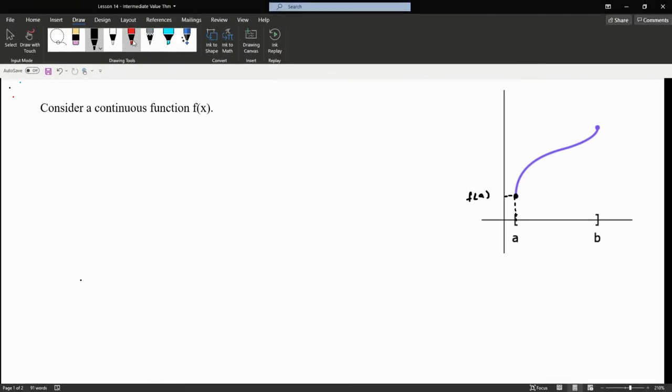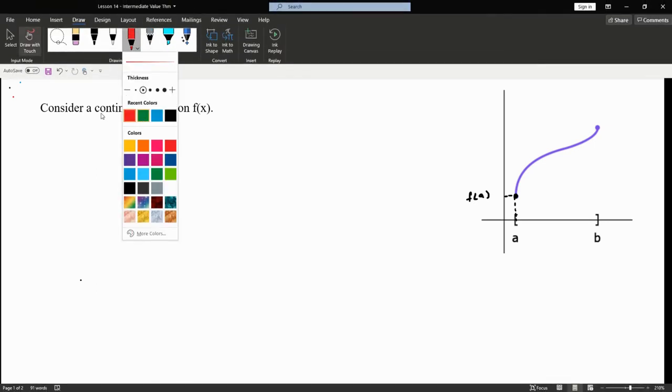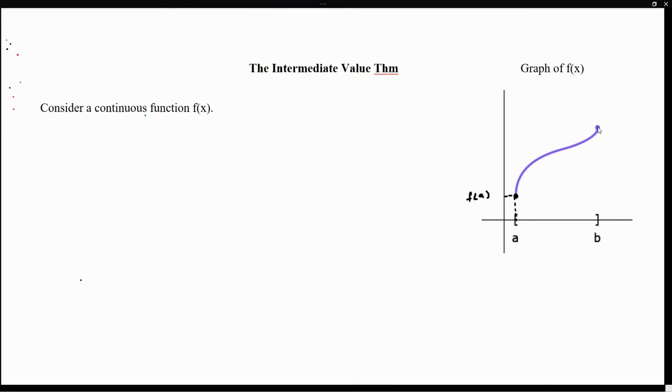For the other point, let's say this is f of b, because this is the y value. If I take b and plug it into the function, I get f of b. So this is the notation we'll be using.